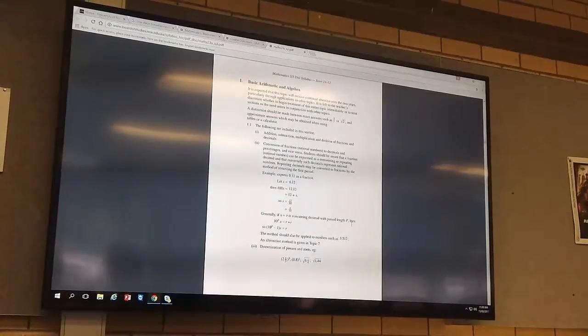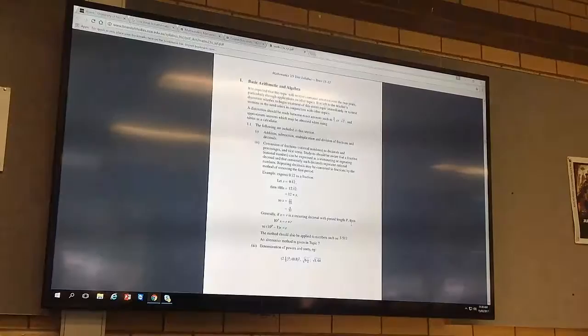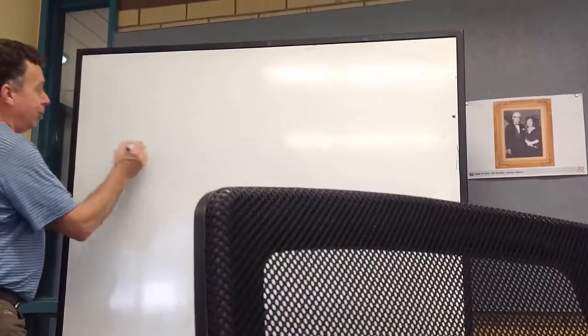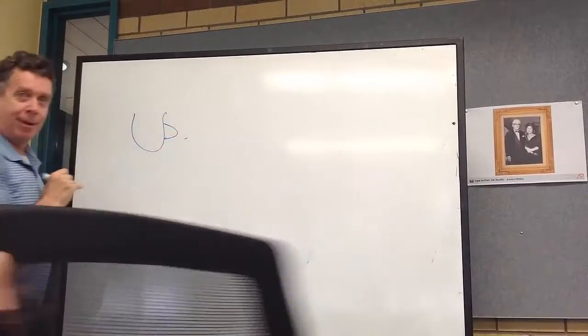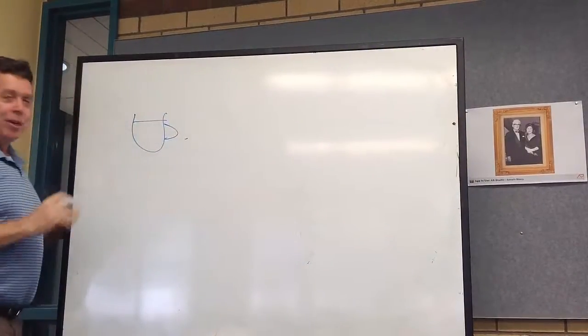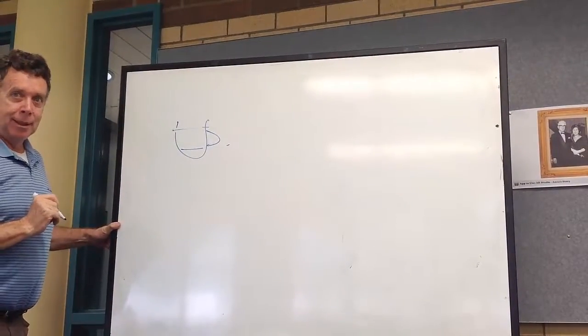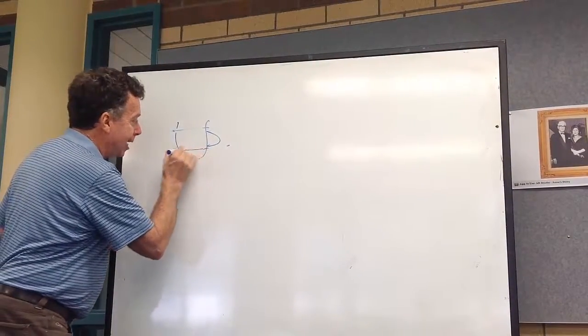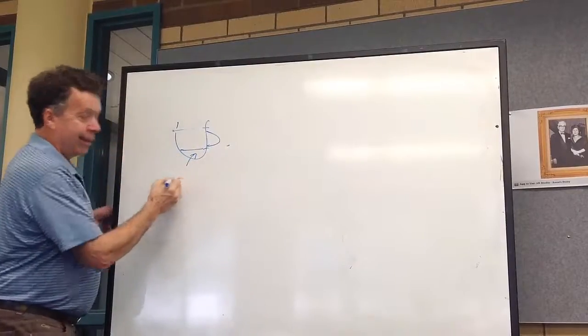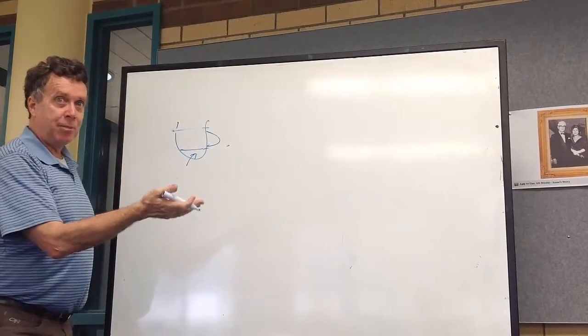But here's an interesting one. I have long blacks. There's my cup. You initially put the shot in the cup. That shot is going to be a certain temperature. It just comes out of the machine at whatever temperature it is.